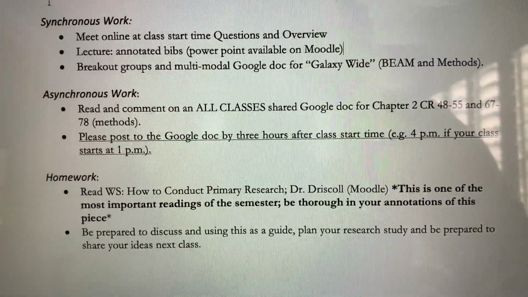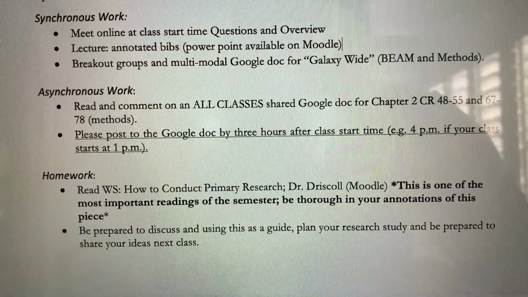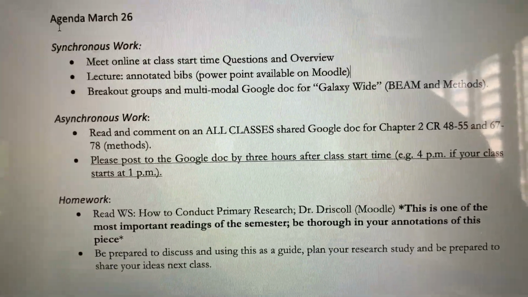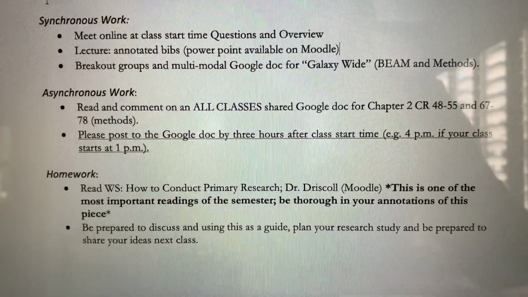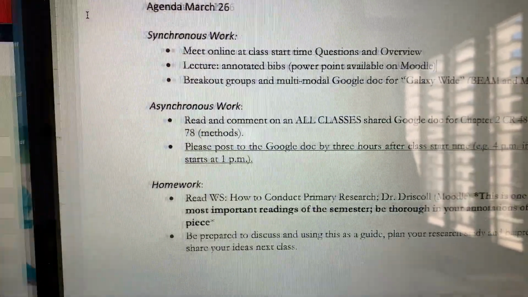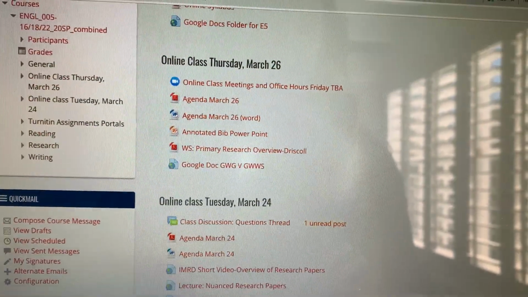Curious Researcher goes over quite a bit of this also, but Dr. Driscoll really gets at the ethical issues behind doing human subject research. So we really want to be conscientious of the ethical research issues and be thinking about that for our own work.